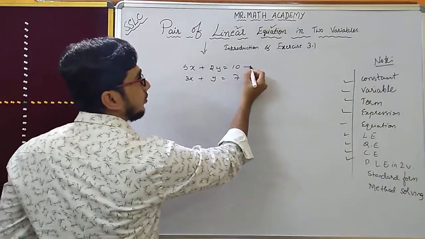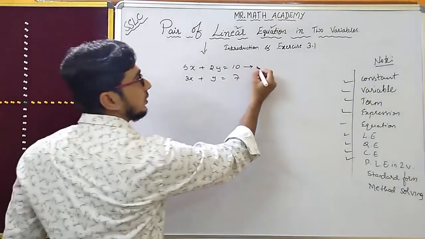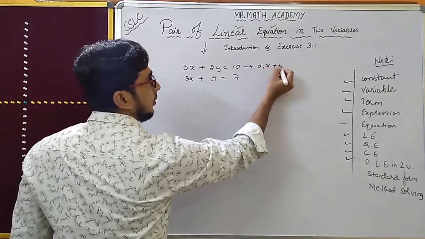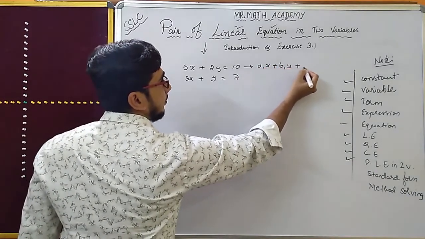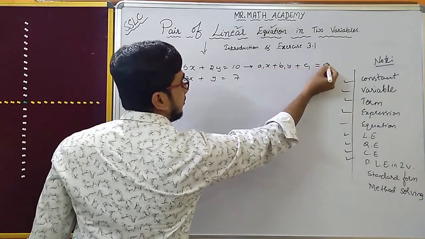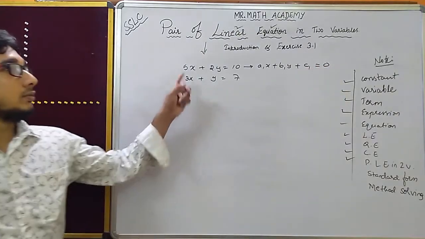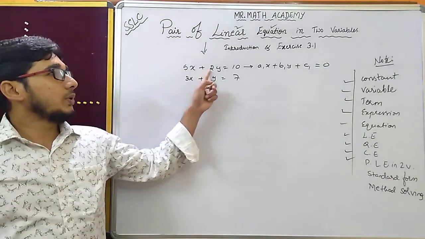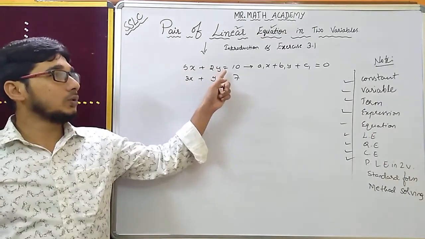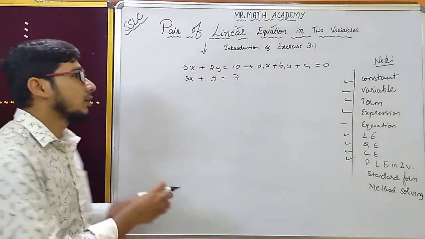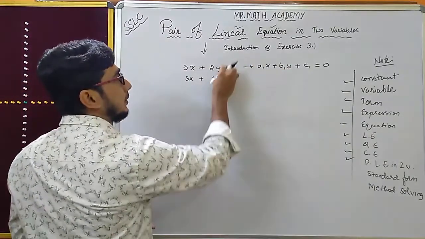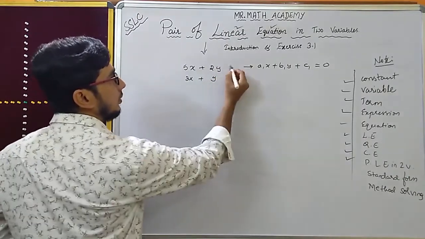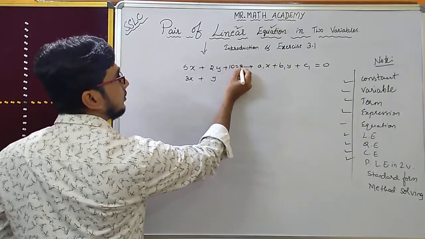I'll write the standard formula for this. What is that? a1x plus b1y plus c1 is equal to 0. Sorry, I have to write the standard form now: 5x plus 2y minus 10 is equal to 0.